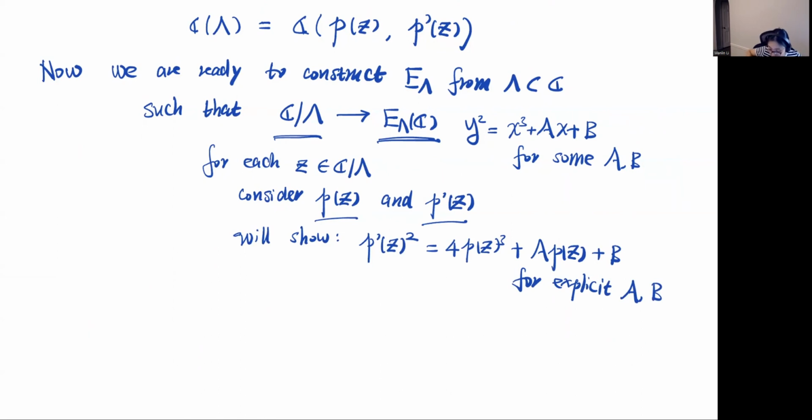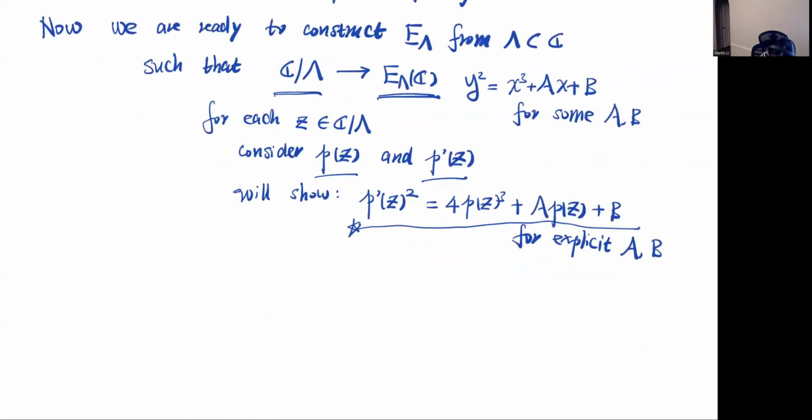Once we have this, you will see that this Weierstrass equation defines an elliptic curve, and more. We will define E lambda as the elliptic curve defined by y squared equals 4x cubed plus ax plus b.